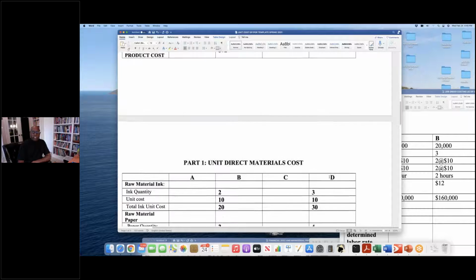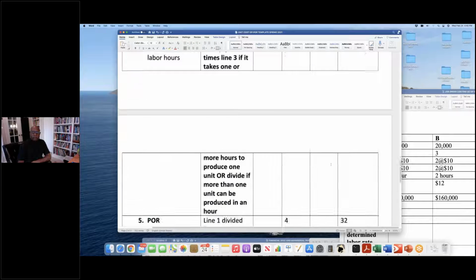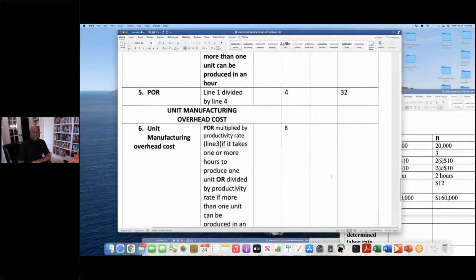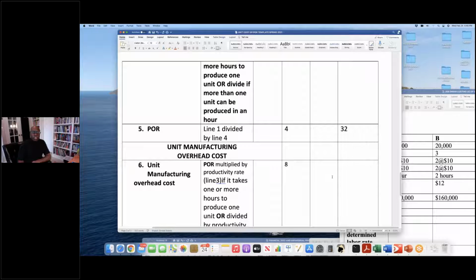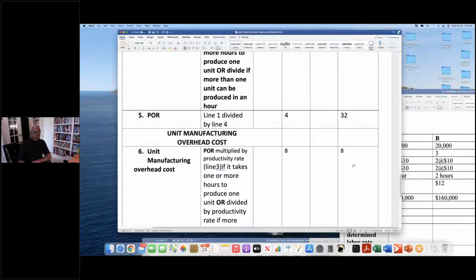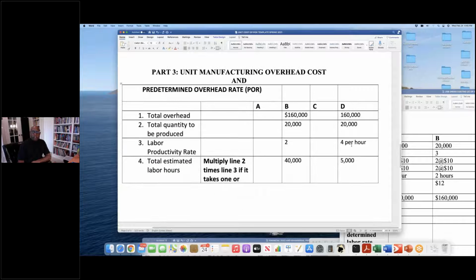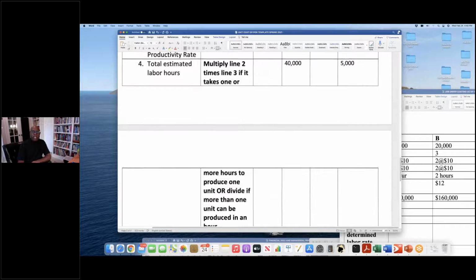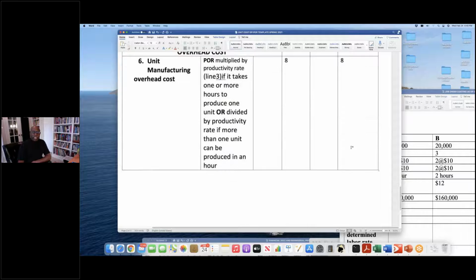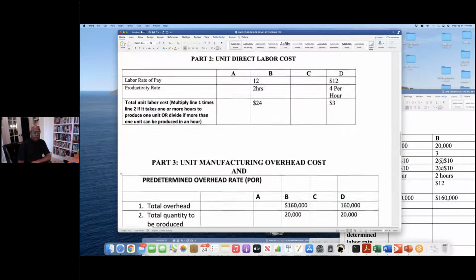Now we need the unit cost. I got 8. How did you get 8? I did 32 divided by 4. Okay, because whenever you've got this per, you divide. So we divide by 4 and get 8 as the unit overhead cost.